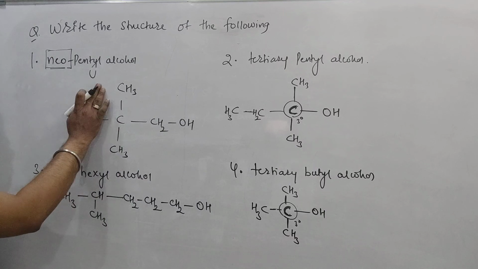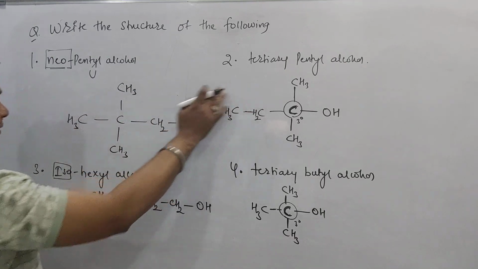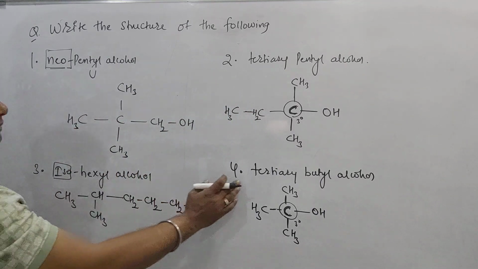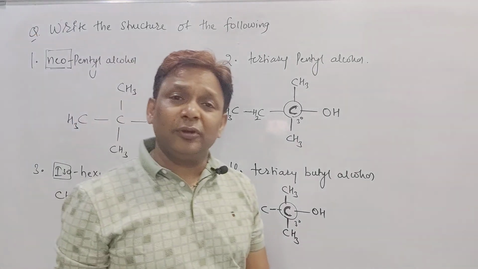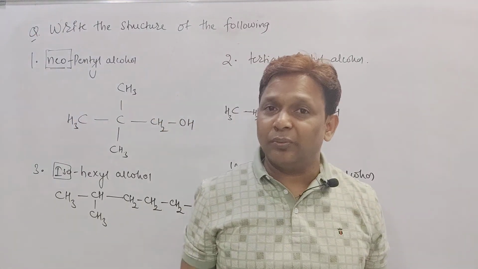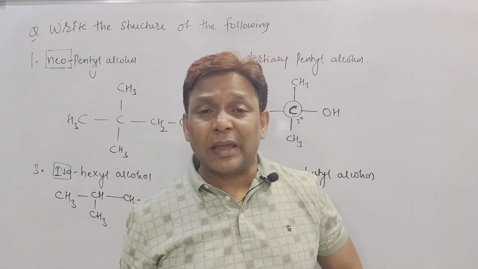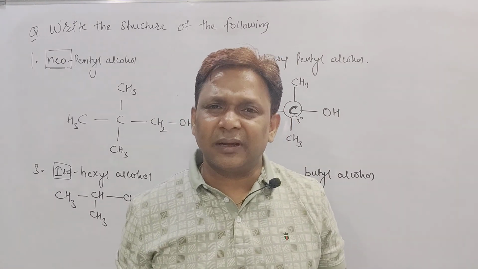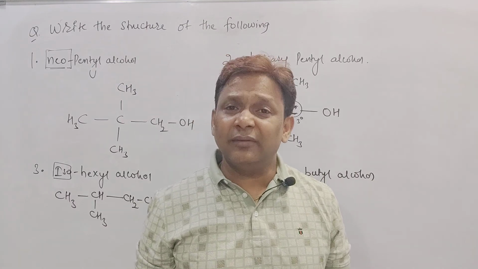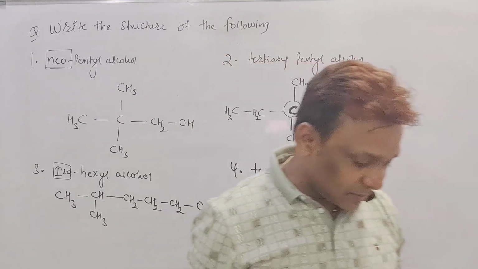So neopentyl alcohol, tertiary pentyl alcohol, isohexyl alcohol, tertiary butyl alcohol. But if we know the types of alkyl group like normal, iso, neo, or if you know the types of carbon, primary, secondary, tertiary, then we are able to write this kind of name of the compound.